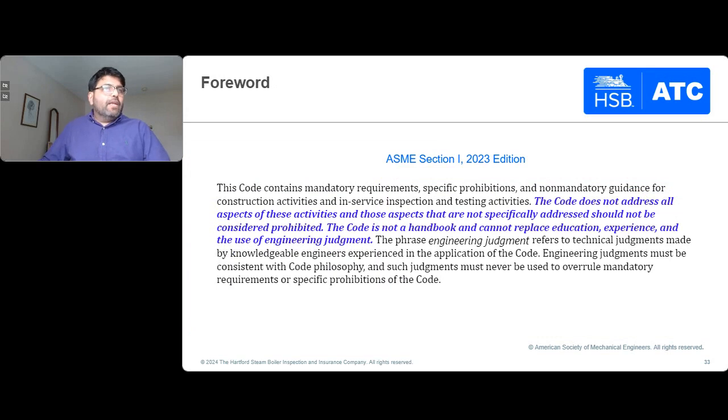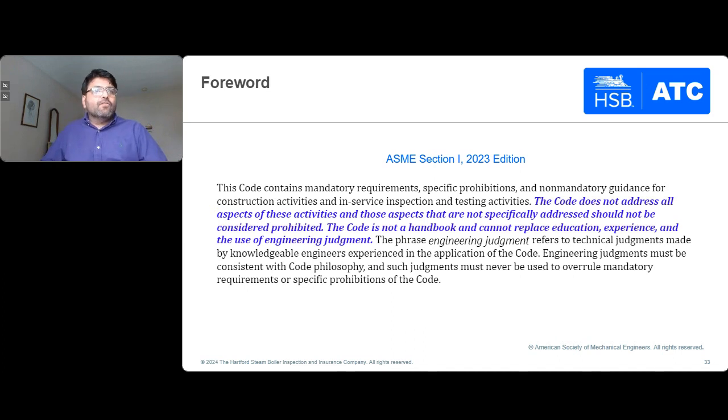I wanted to point out this paragraph from the foreword of Section 1. All of the BPV, boiler and pressure vessel code book sections have this foreword. This paragraph is of specific importance to this discussion because many times at HSB we get into providing tech support for our clients, and we get questions like, here's a nice detail, I wanted to use it, I think the code should have it, why is it not in the book?